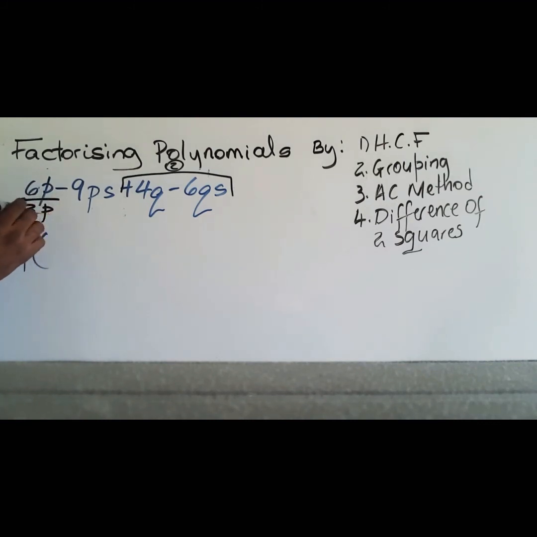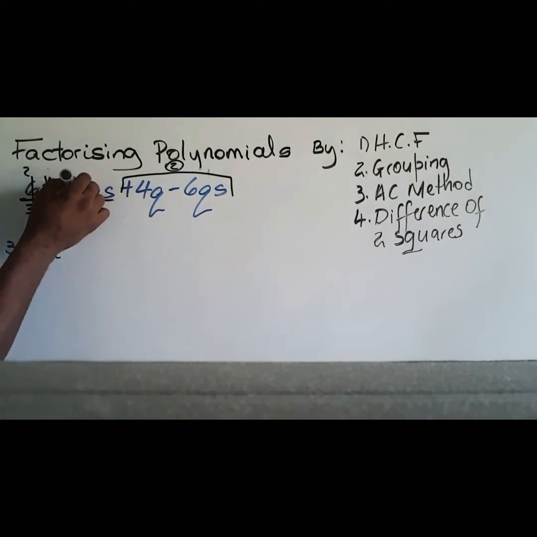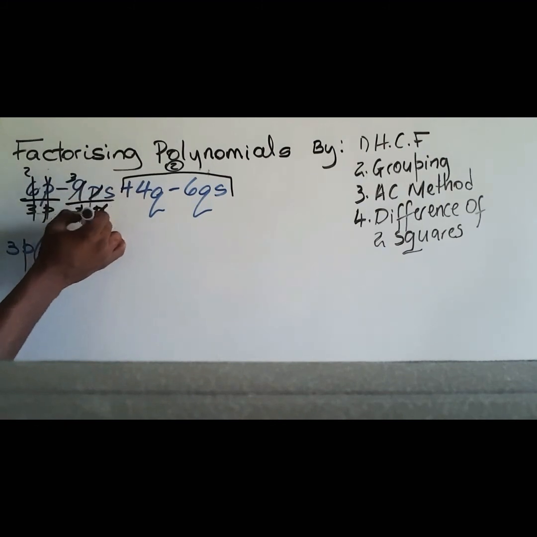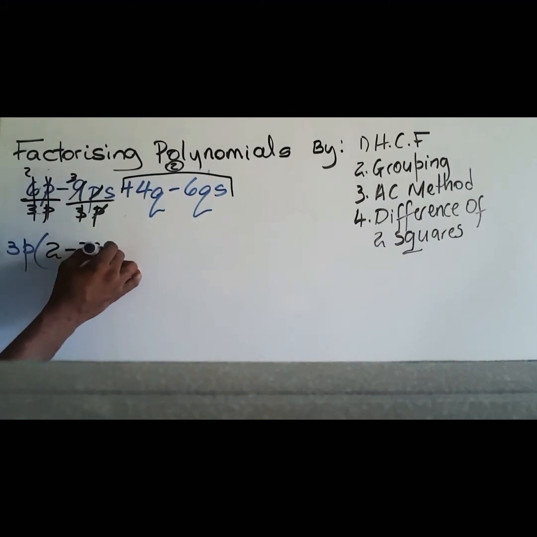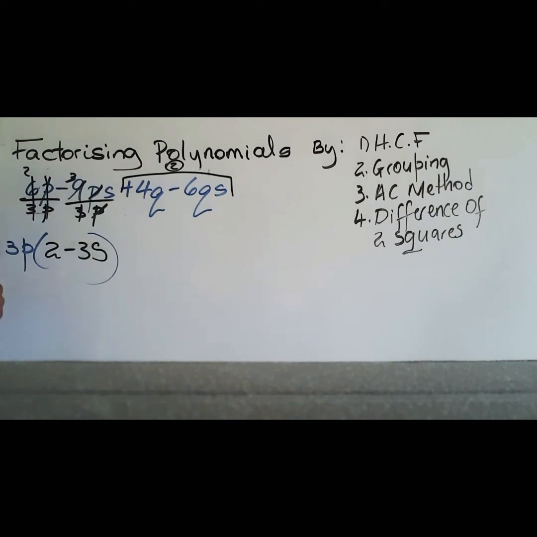And 3p into 6p, 3, 2p cancel p, we're left with 2. 3p into negative 9ps. 3 into the 9, that's 3, then this is a negative 3. P cancel p, leaving s. Minus 3s. Alright, 3s, not 35. This is 3s.